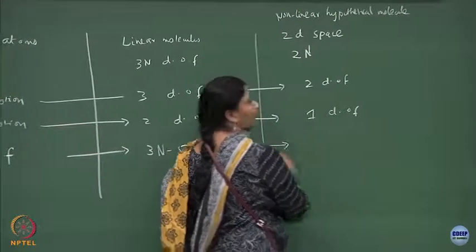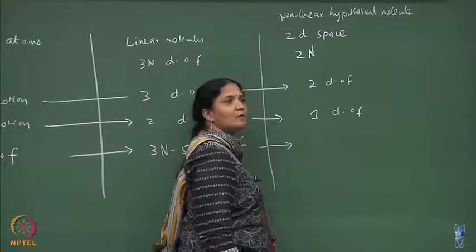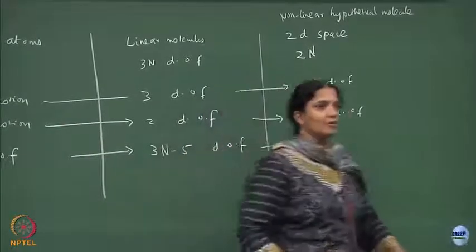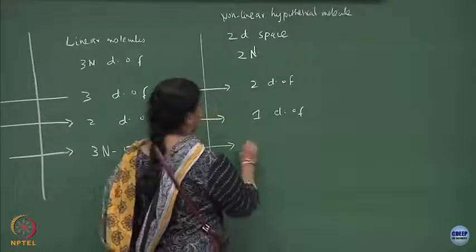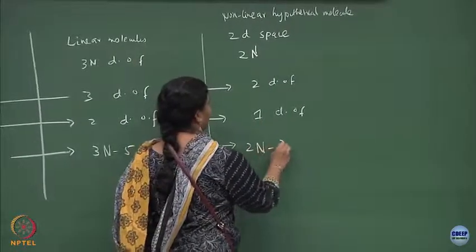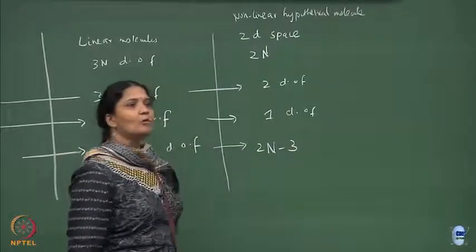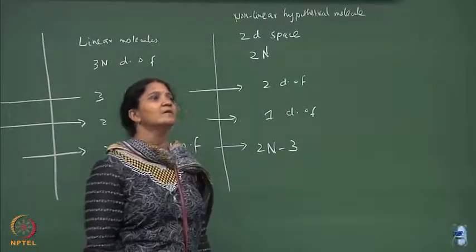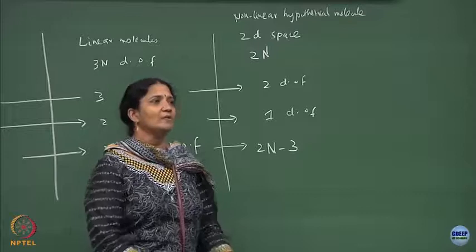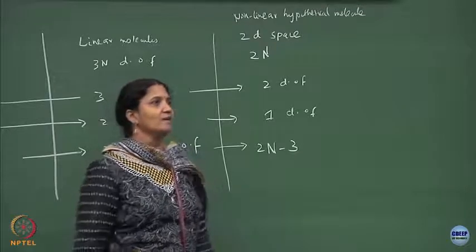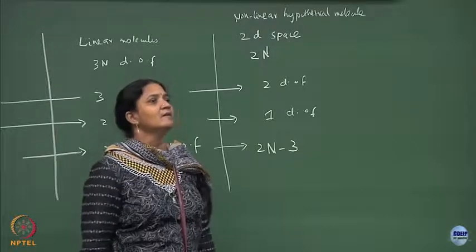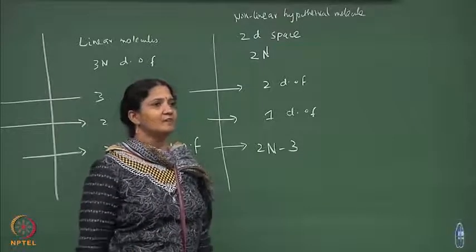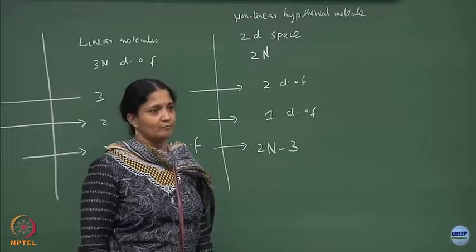So, totally vibrational degrees of freedom for a molecule with atoms on a plane, let us say a nonlinear molecule, on a plane but not lying along a line, say on an equilateral triangle or on a square, confined to the xy plane.